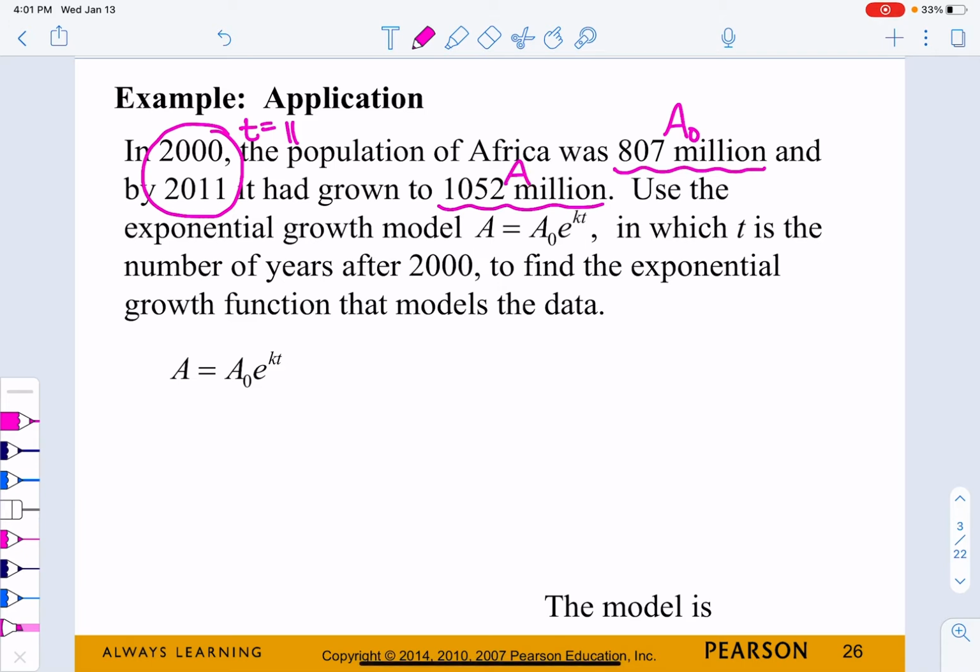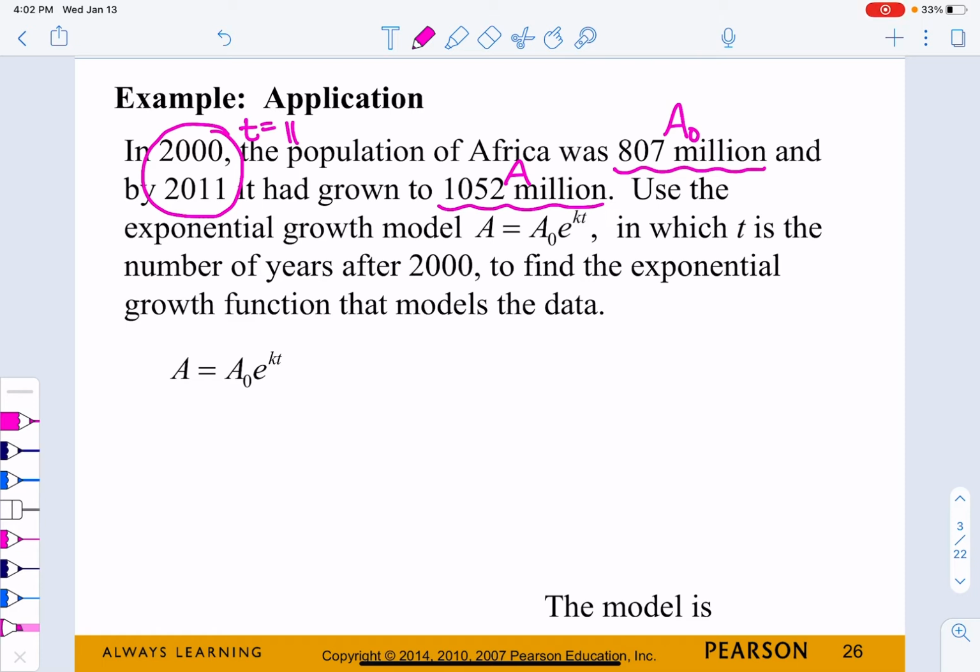So we're going to use the exponential growth model, A is equal to a sub 0 e to the kt, in which t is the number of years after 2000, to find the exponential growth function that models the data. We need to eventually write out what that equation looks like, but first we fill in what we have from our example.